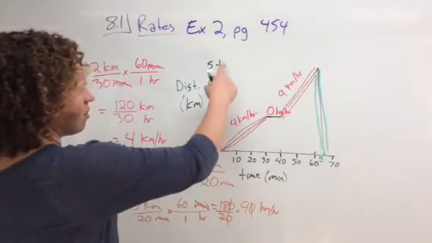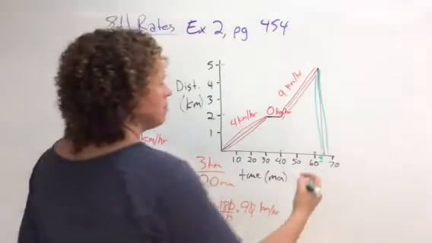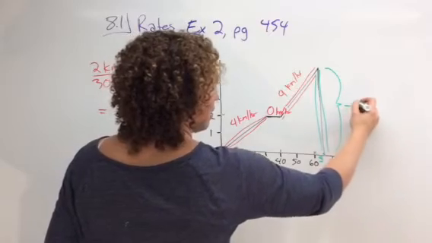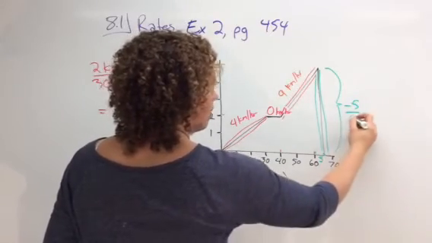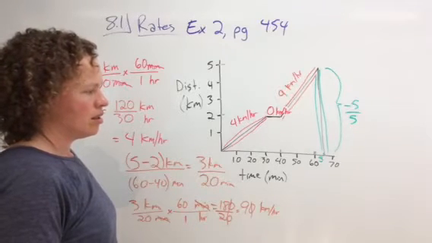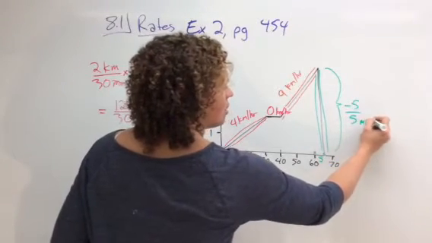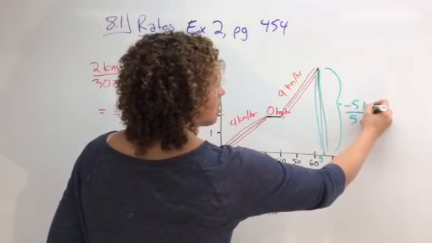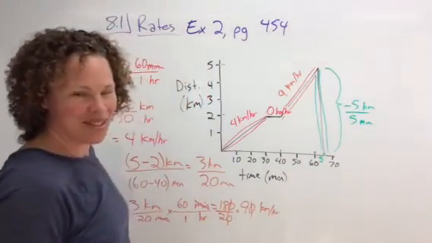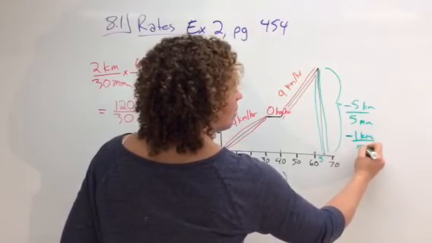So this one says that I went from 5 to 0. It went down 5. Down 5 over 5. Remember that this one's in minutes and this one's in kilometers. So negative 5 divided by 5 is just going to give me negative 1 kilometer per minute.